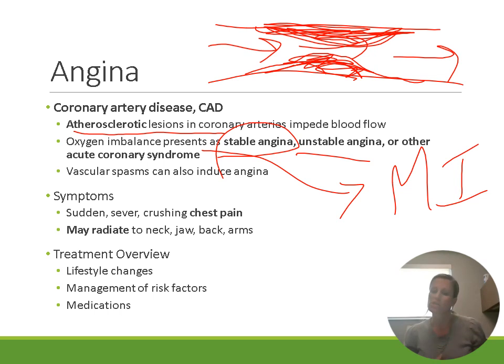A myocardial infarction has or may have some of the same unstable angina symptoms. So unstable angina and an MI are both acute coronary syndromes. They're acute activities that are happening in the heart, and they have similar symptoms. But myocardial damage is present with a myocardial infarction.